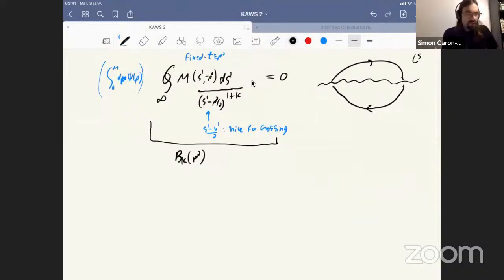We call them dispersive sum rules because they're basically the same as k-subtracted dispersion relation.